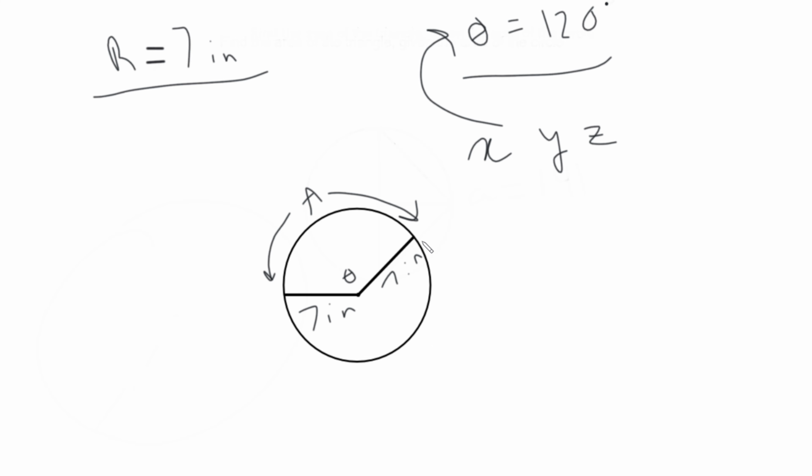Imagine the radius was wrapped around the circle, wrap around here, wrap around here, wrap around here, and each one was 7 inches, and that's a radian. So we have to convert this angle theta into a radian, and that way it'll be easier to handle.